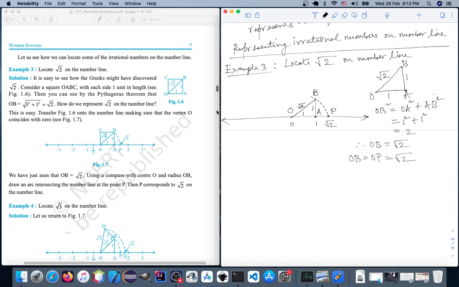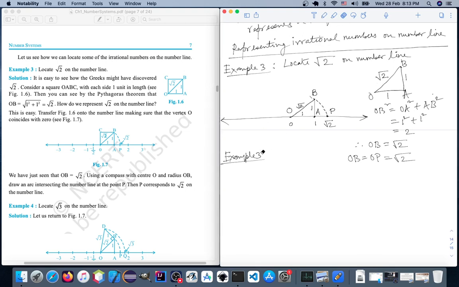Now, how do we locate root 3? Example 4 shows how to locate root 3.